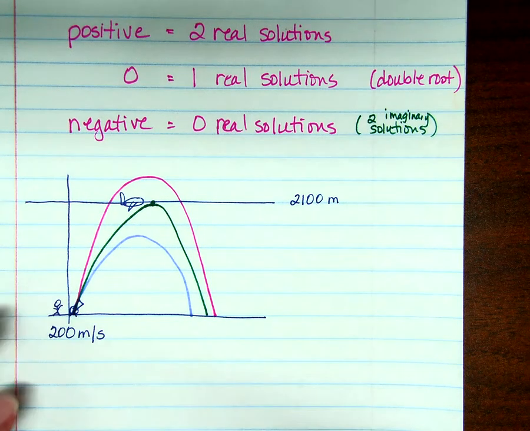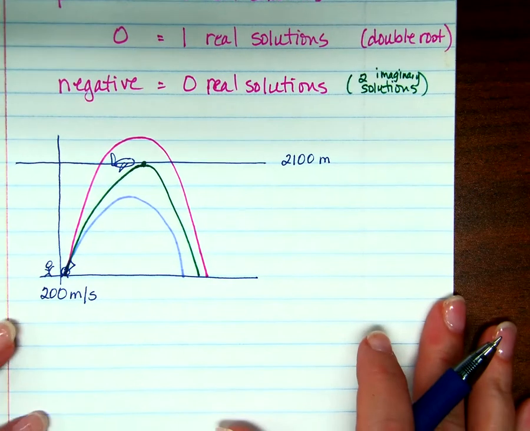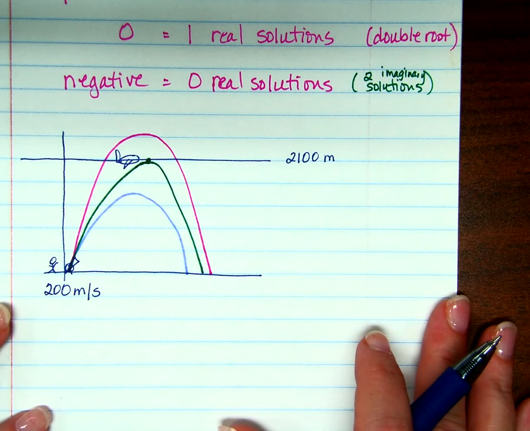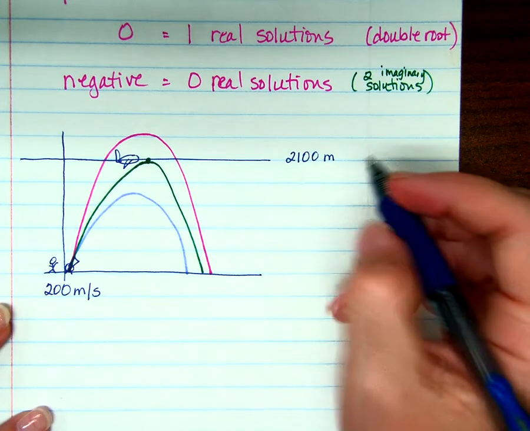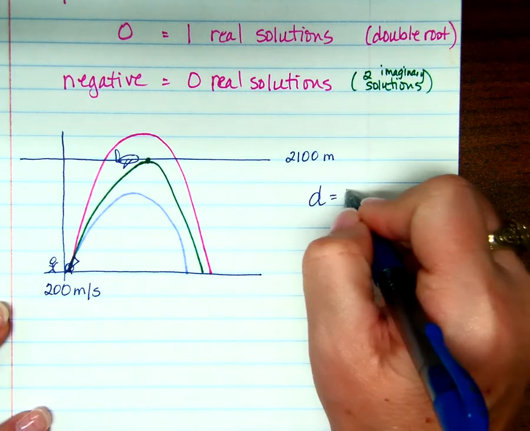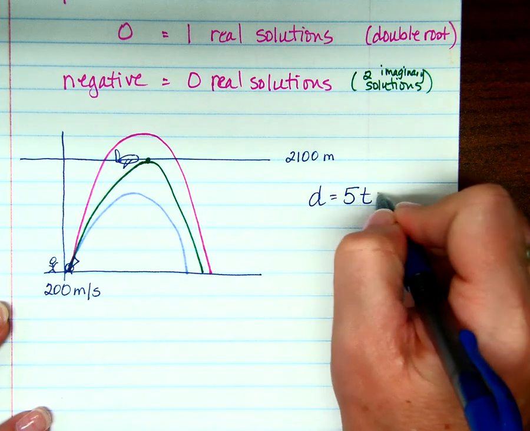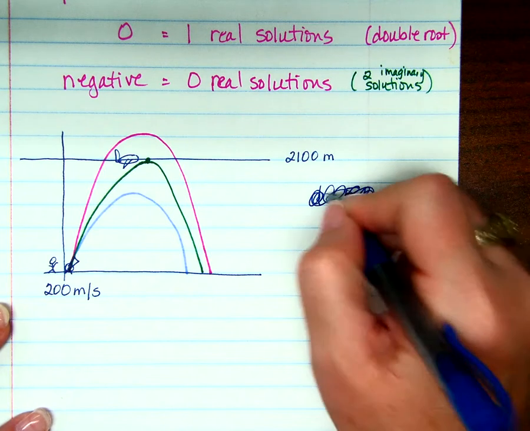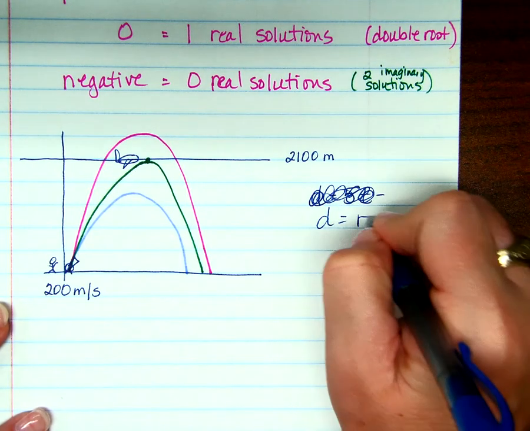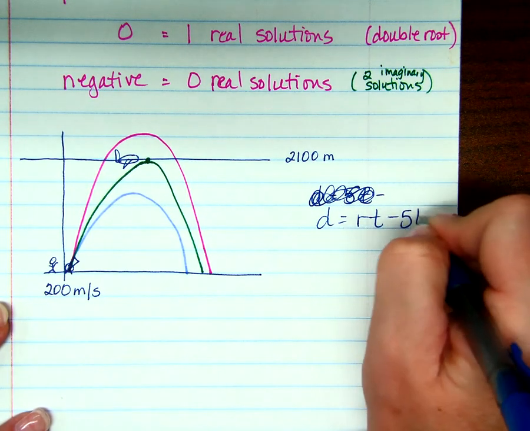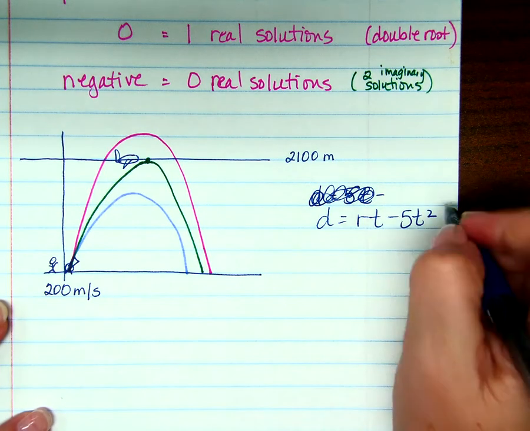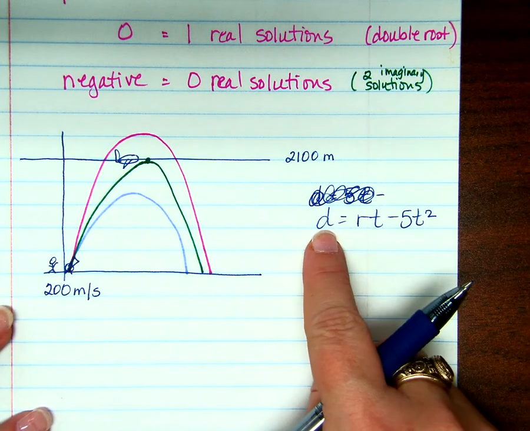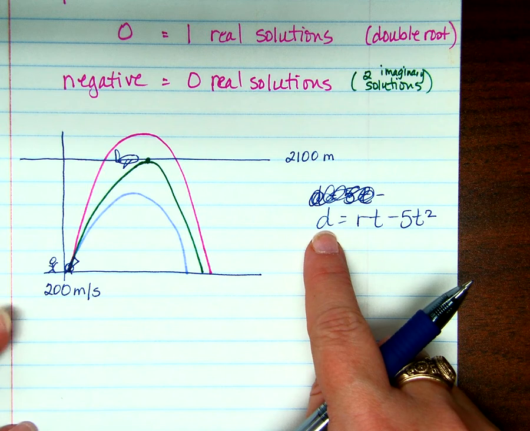So here's what you're told in your worksheet. Here's a formula that we're going to use all day today. Oh, except I wrote it wrong. Can you forgive me, please? It's Rt minus 5t squared, where d is the distance above the target.